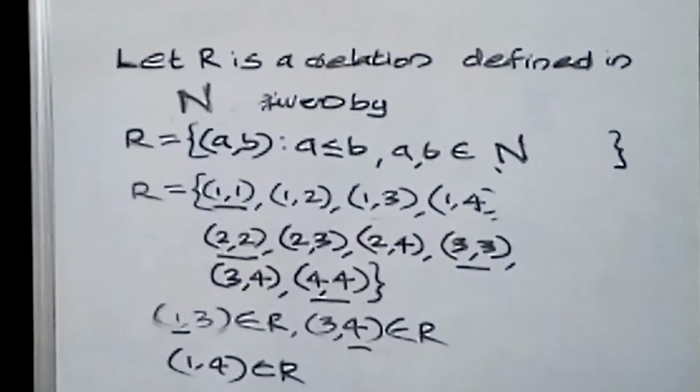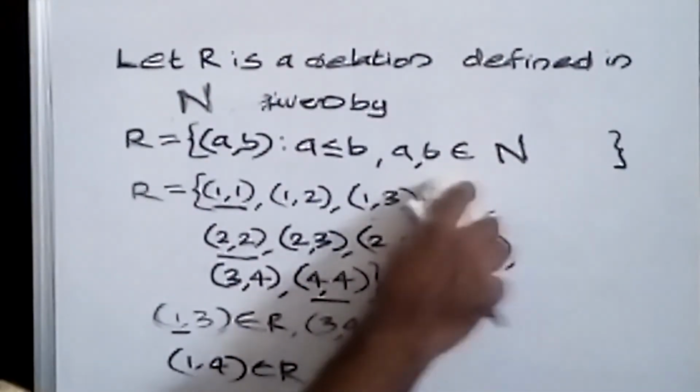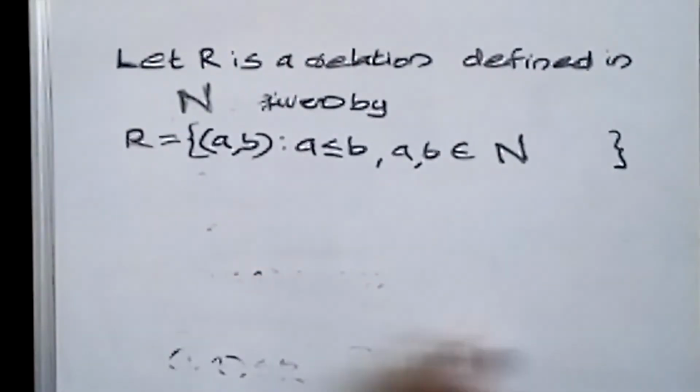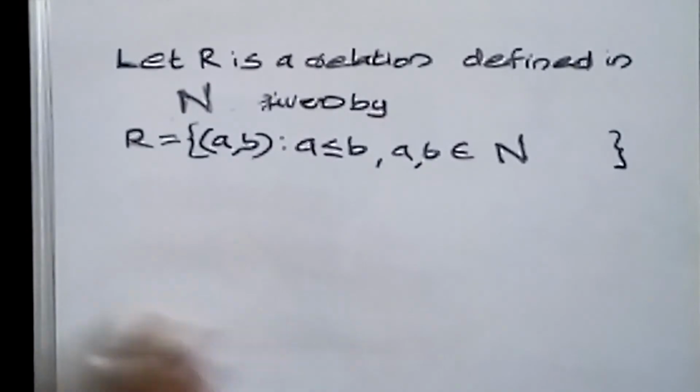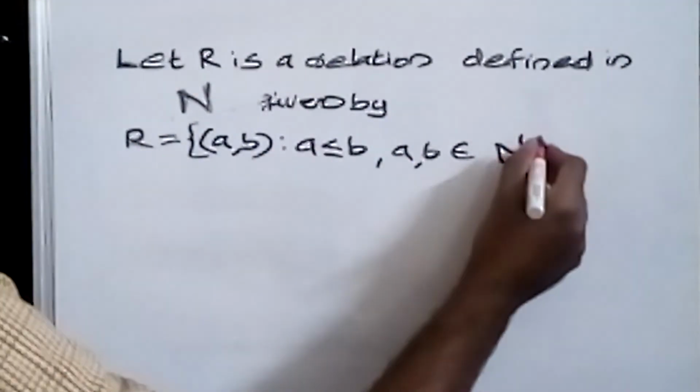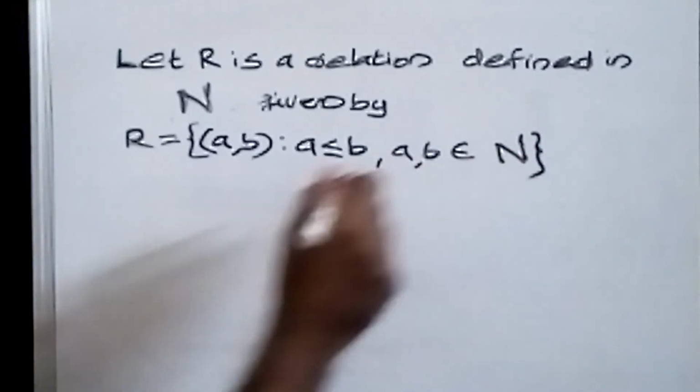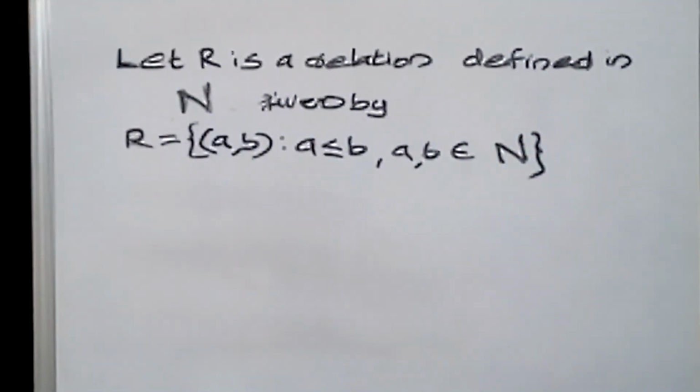Since N is not a finite set, we can prove whether it is a reflexive, symmetric or transitive relation only generally. As we have done in the previous question, we cannot list all of the elements of R.